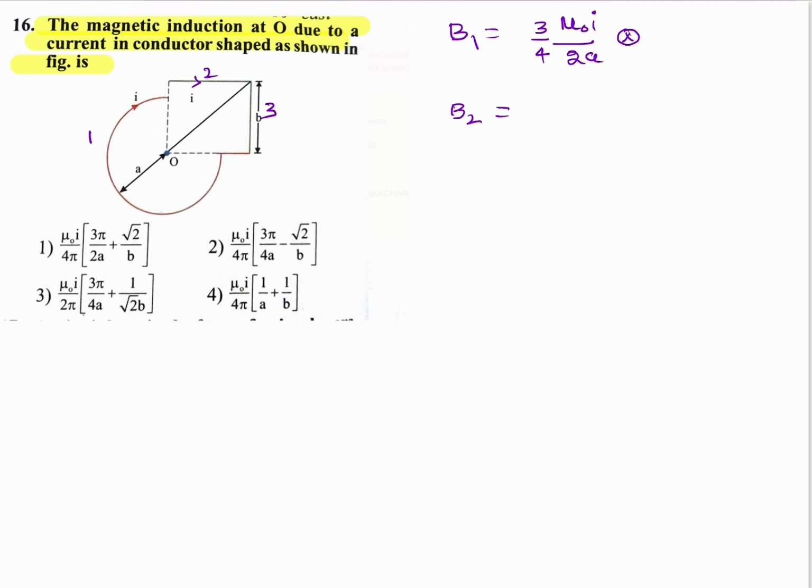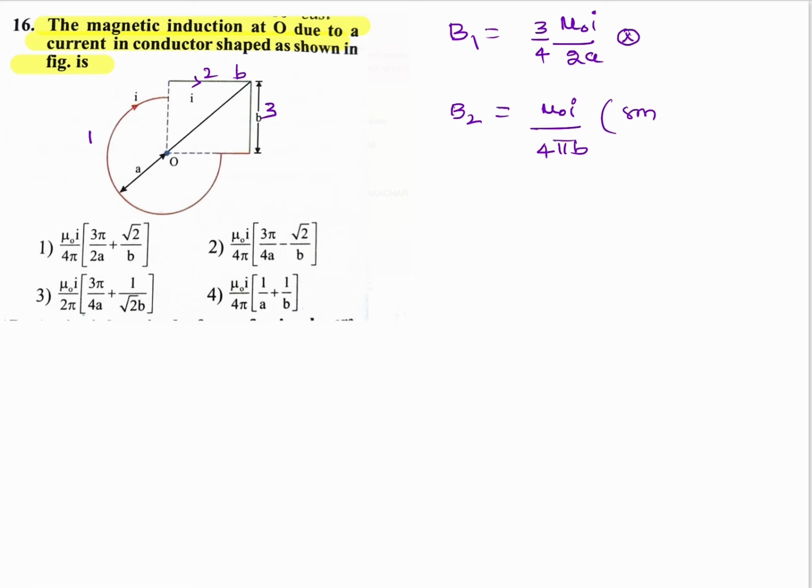B2 equals, the formula is mu naught I by 4 pi d actually. Instead of d, in this question this distance is b, and this is also b, and this is also b. So here I am writing mu naught I by 4 pi b times sine alpha plus sine beta.